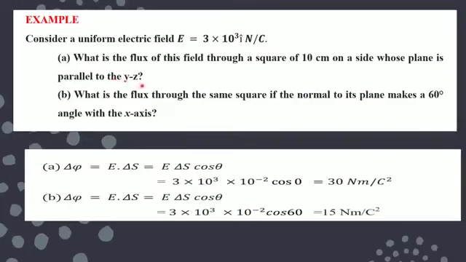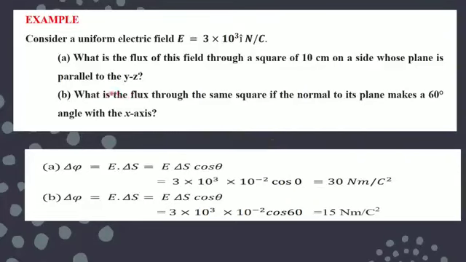Parallel to yz means its normal is along the x-axis only. So E and your area vector will be in the same direction, so you will be having cos 0. So flux can be found simply by multiplying E and area vector magnitude only, and you will be getting the result.